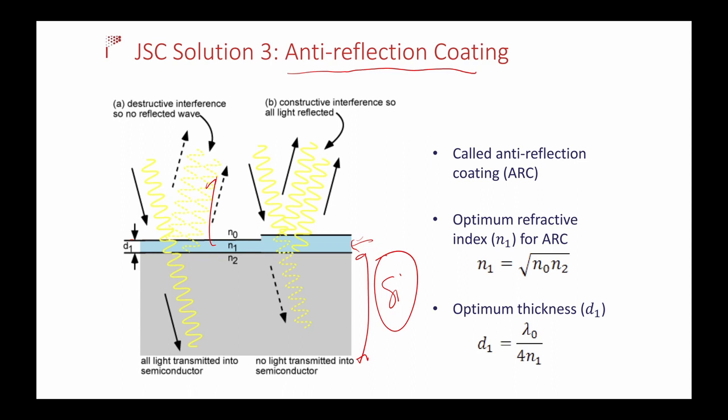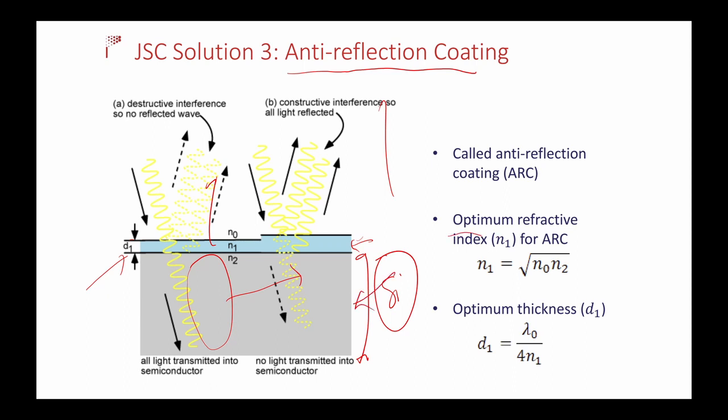Because of that, we can reduce the reflection of the light and increase the absorption of the light in the silicon material.